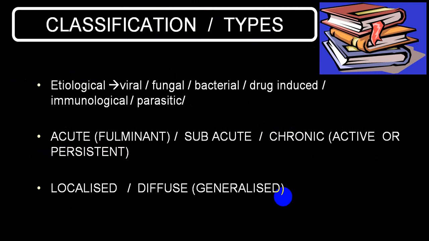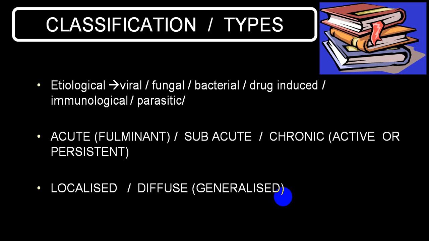So usually the terminology very commonly utilized we can call classification or types. Etiological wise: viral, fungal, bacterial, drug induced, immunological, parasitic, radiation, infiltrations, etc. Depending upon onset and duration: acute, subacute, chronic.